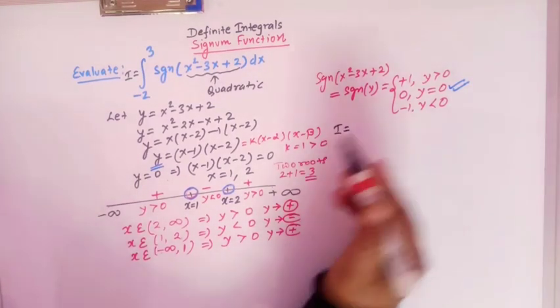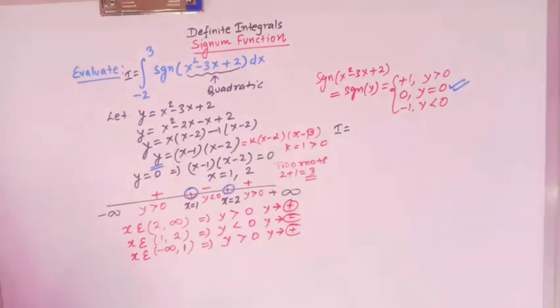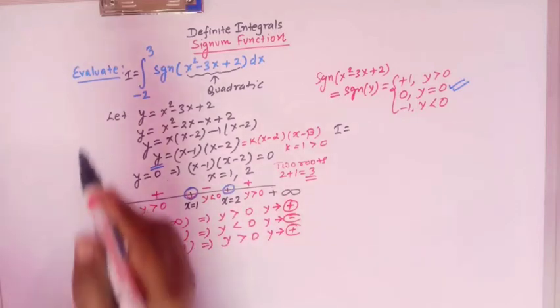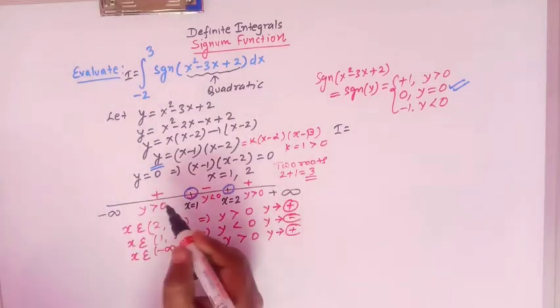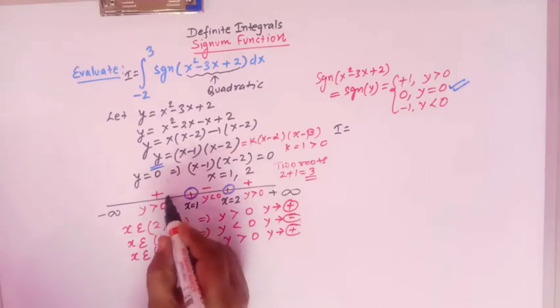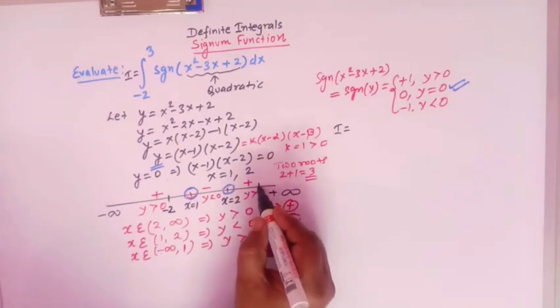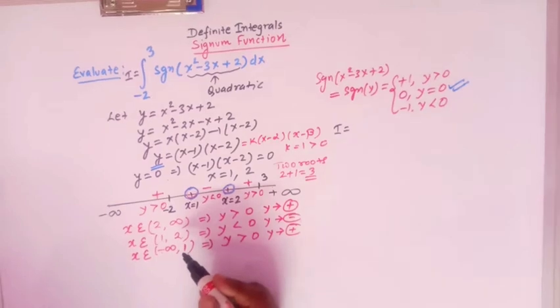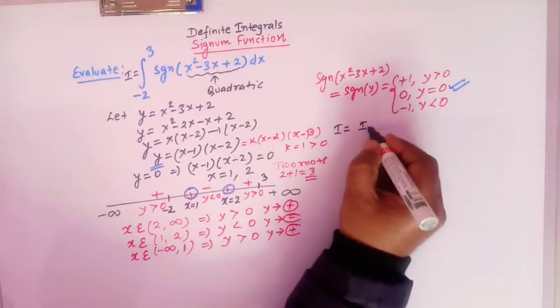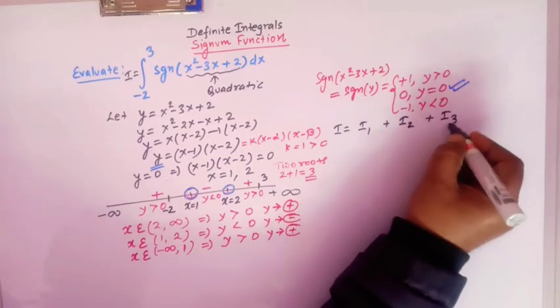Here the given integral is I, and we have to integrate it from minus 2 to 3, right? And see, minus 2 lies somewhere here, and 3 lies somewhere here. Now what we will do, we'll split this integral into the sum of three integrals.